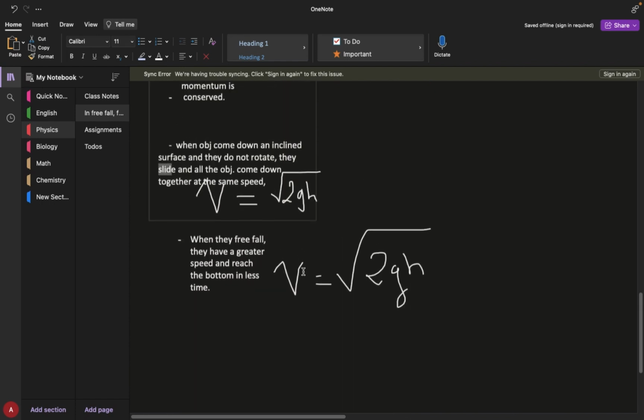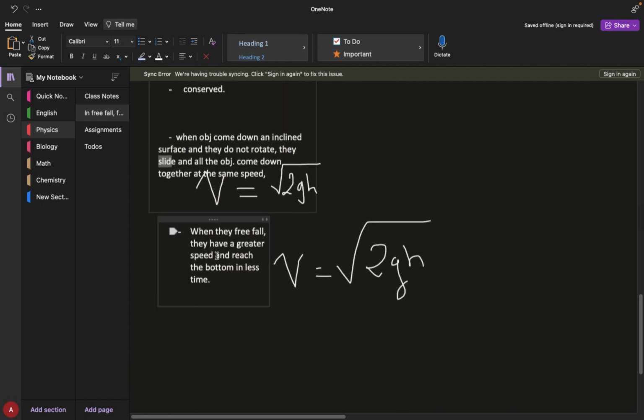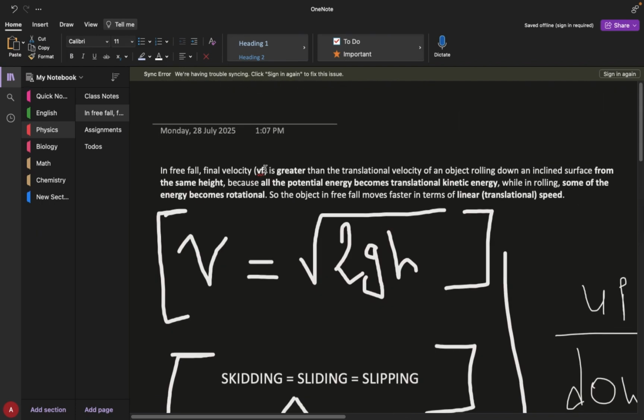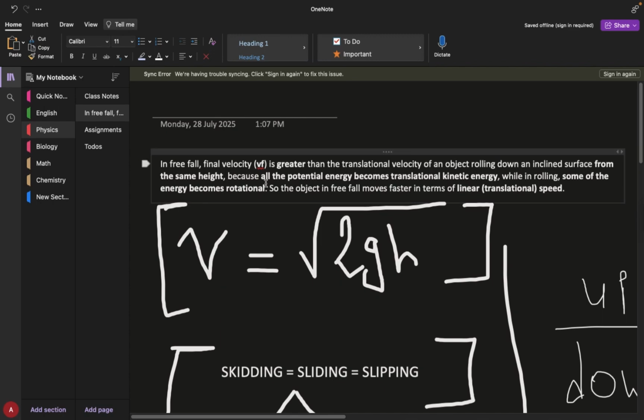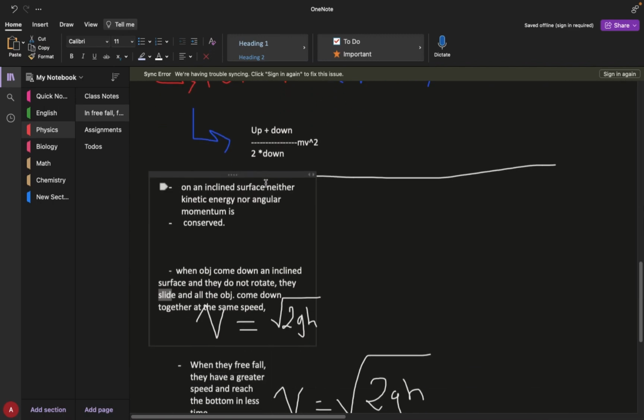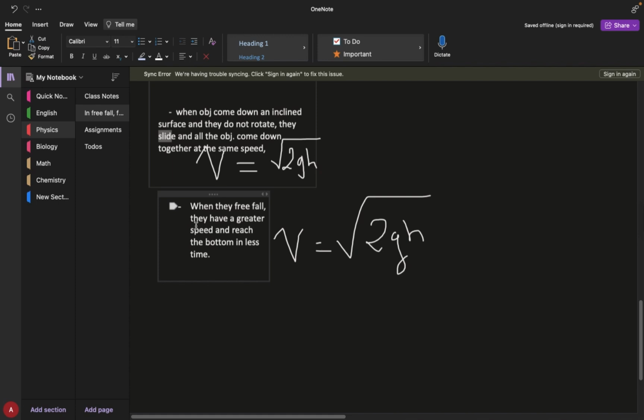Okay, so guys, now to this rule. It says that together they come down at the same speed. I think I've talked about it here, so I don't need to revisit it. But let's talk about this one, I'm interested. It says when objects free fall, they have greater speed and reach the bottom in less time. Guys, it's true, they have greater speed, and I did compare this, I think it was maybe 5 or 10 minutes into the video.